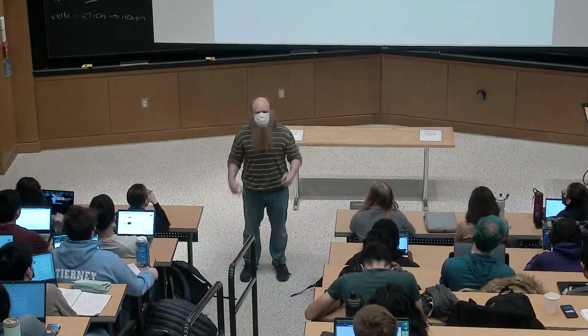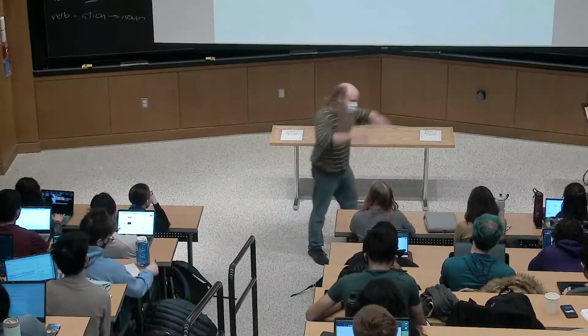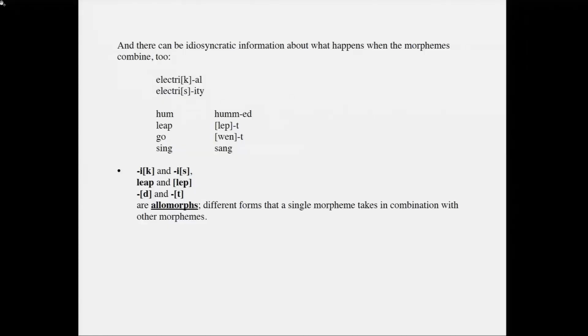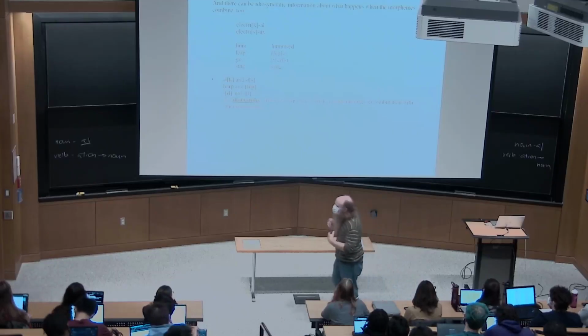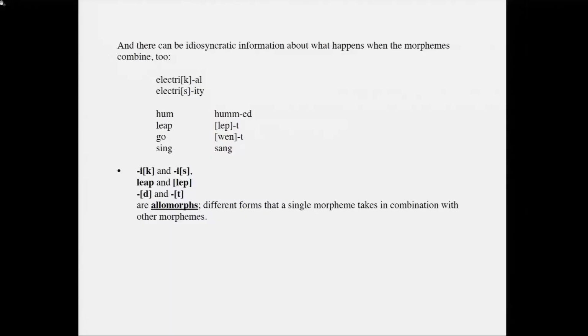And so the result is that the past tense of go is no longer goed, it's now went. Languages do things like this. It'd be interesting to try to understand why. Or similarly, sing and sang, the past tense of sing, there's no D or T or anything, you just change the vowel. So there are cases where a morpheme will have different forms depending on what it's combining with.